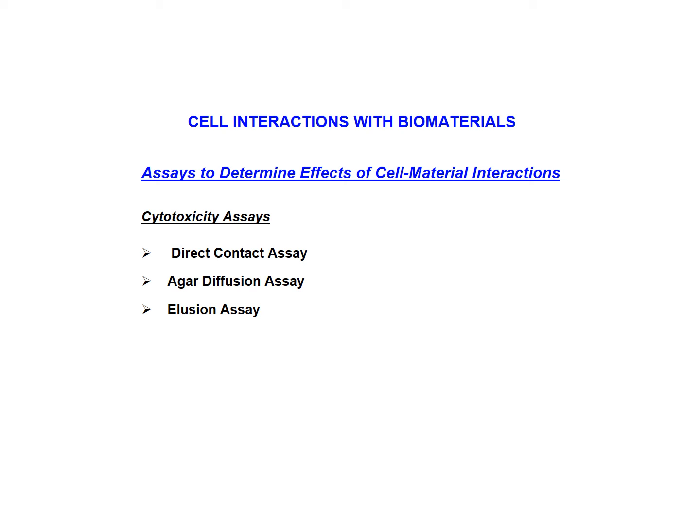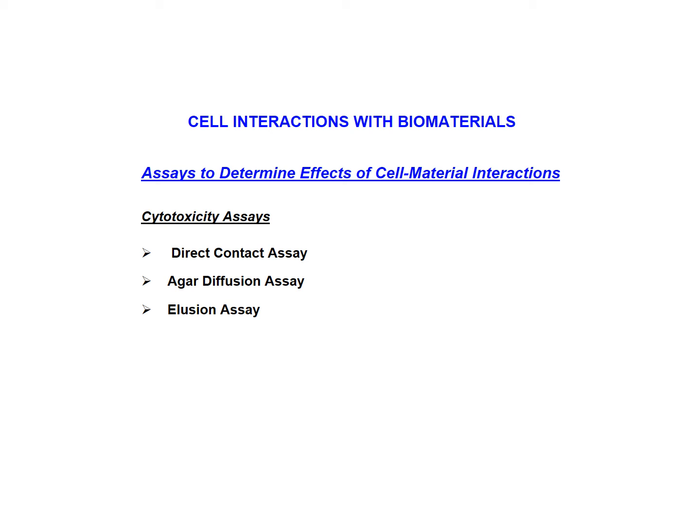Elution assay is related to the agar diffusion assay. What is done is to bathe specimens of the new material in a buffer like isotonic saline, and then keep these specimens in an environment which simulates the conditions of the human body, for example, temperature 37 degrees, and from time to time take small volumes called aliquots of the supernatant buffer and analyze the contents.